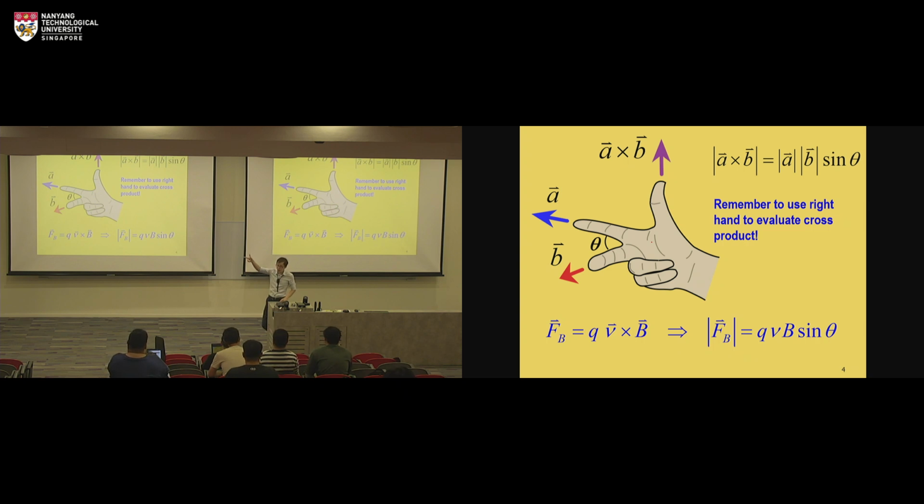So this is the first thing you do. The second is you align your thumb to the first vector, in this case vector v, and align your middle finger to the second vector, in this case b. And this one will give you the direction of v cross b. So this is how you use the right-hand rule to determine the direction of the cross product.